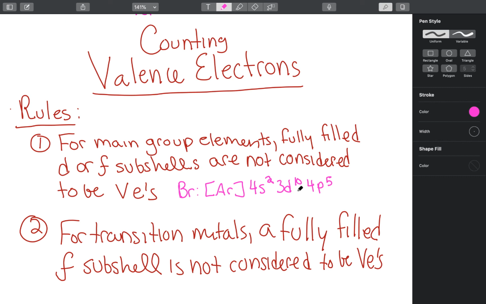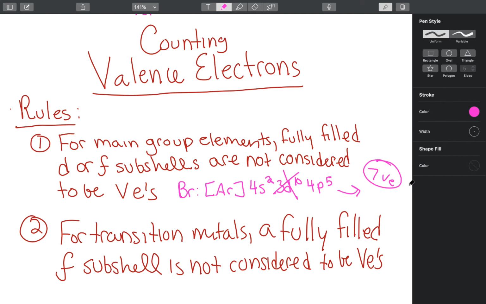So since bromine is a main group element, you would not count the 3d10 electrons within that subshell as part of the valence electrons. You would only consider the 4s2 and 4p5. So therefore, bromine has 7 valence electrons. And remember, valence electrons are what determine reactivity.